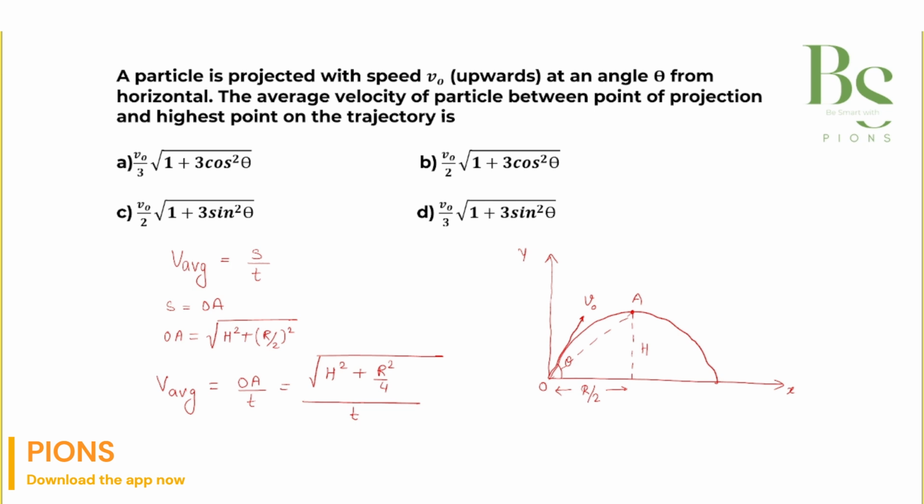Let's put all the formulas here. h is our maximum height, which is u square sine square theta upon 2g. R is the range of the particle, which is u square sine 2 theta divided by g. And t is the time of maximum height, which is u sine theta upon g. Let's substitute these values and figure out our average velocity.